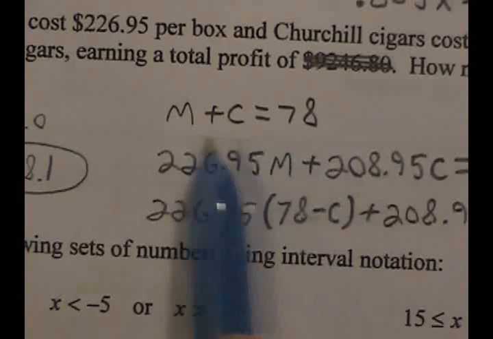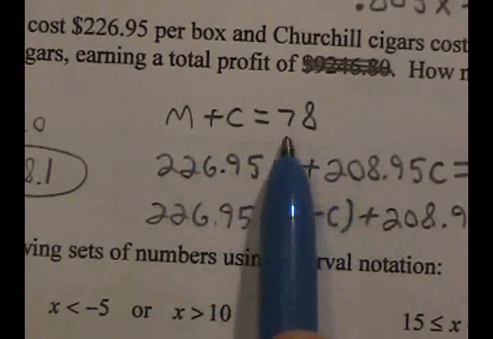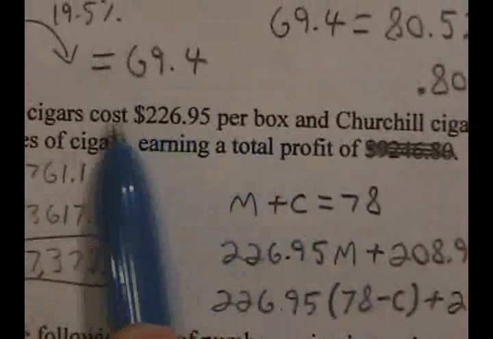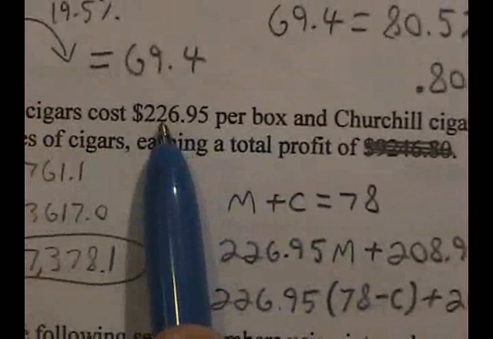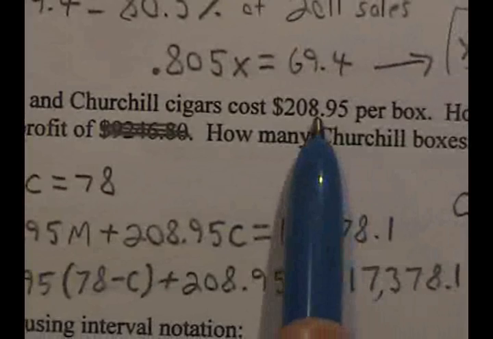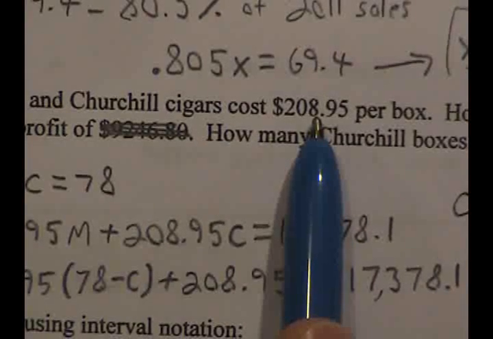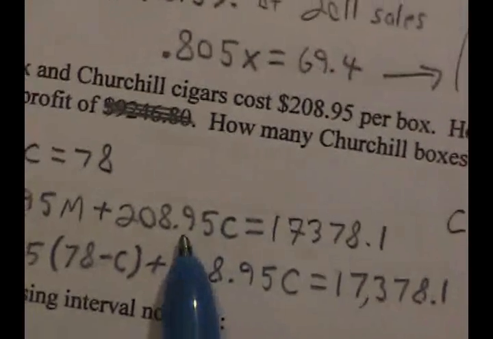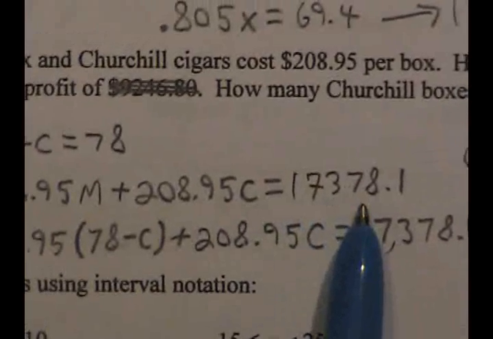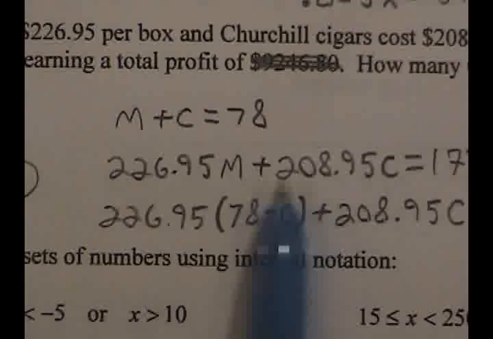So the thing that you think in your head after this is you would add the profit from selling the Monarchs. So it would be this times the number of Monarchs that you sold, plus the other amount times the number of Churchills that you sold. And you would get that equation. It must equal the 17378.1. So this is like your profit equation, alright?